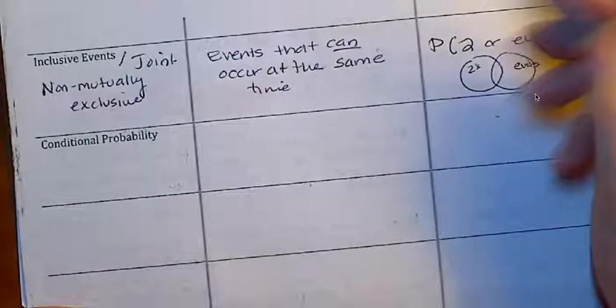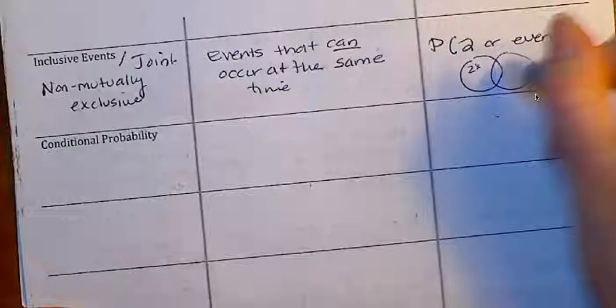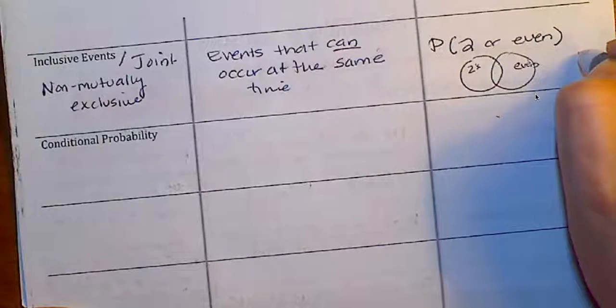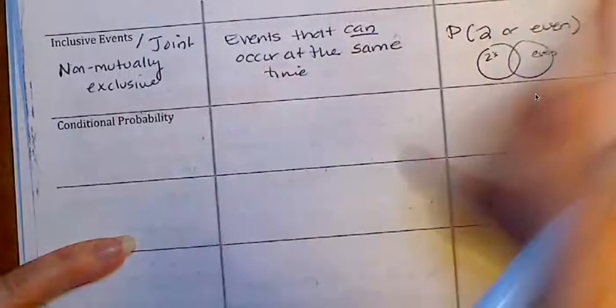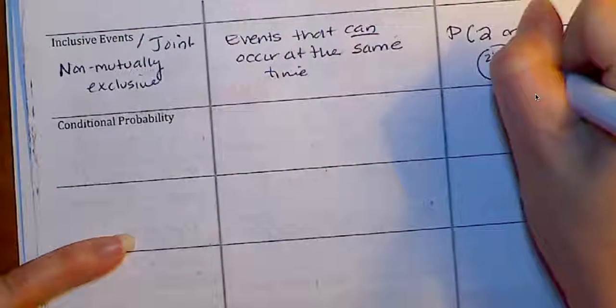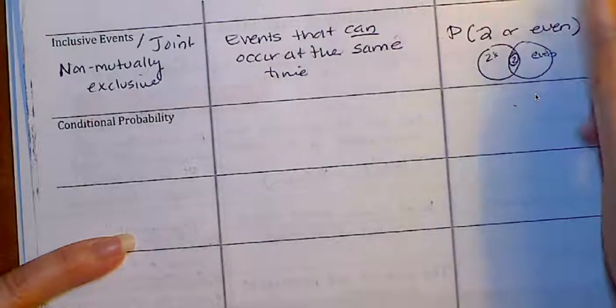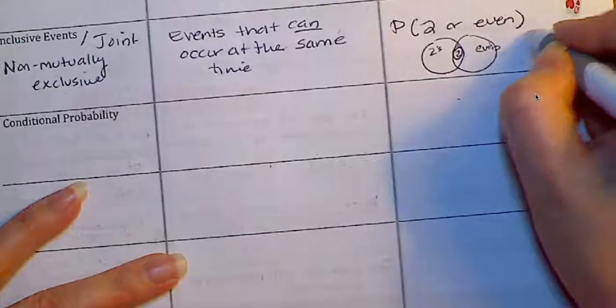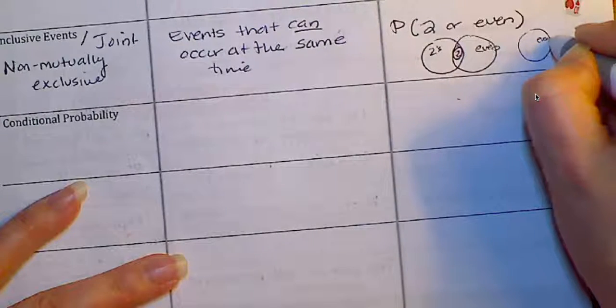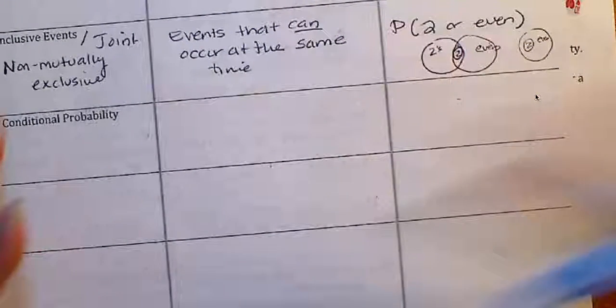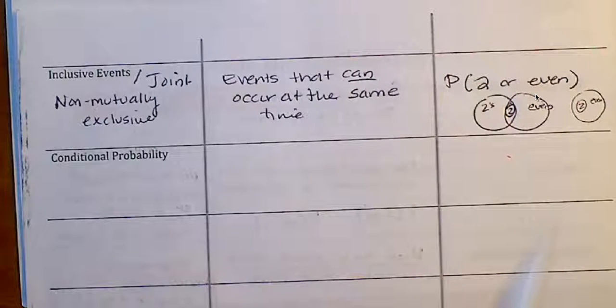They actually overlap at one single number, which is 2, because the 2 fits inside the even. So really a better drawing of this would be where this is the evens and the 2's right inside. You don't need to worry about that, okay? You just need to know that those things can both happen at the same time. A number can be a 2 and be an even at the same time.